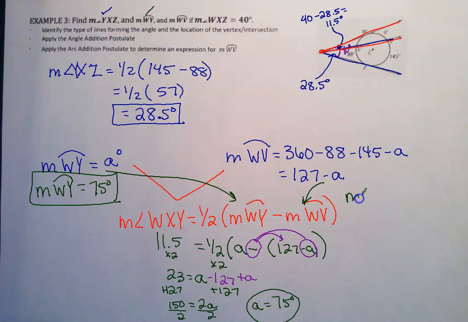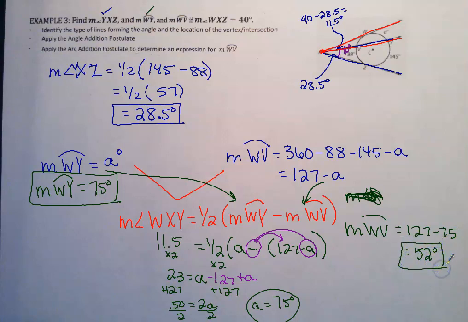We can say, well, the measure of arc, not angle, the measure of arc WV is 127 minus 75, which is 52 degrees. Beautiful.